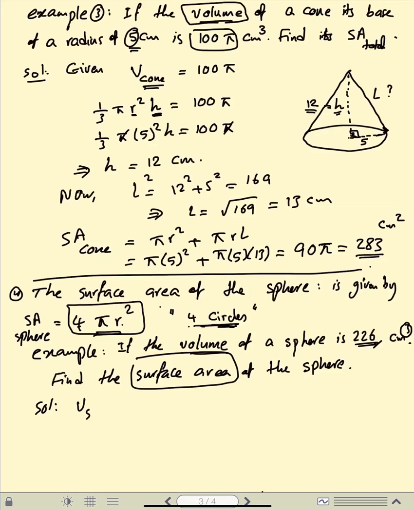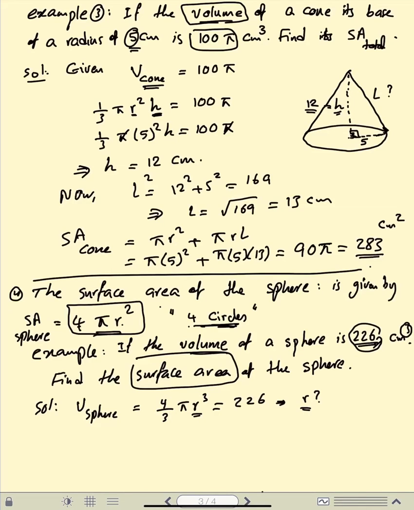So we write the volume of the sphere, which is 4 over 3 pi r cubed, equal to 226. Now what do you have to find? R, my dear students. I find r, then I find the surface area of the sphere. So we use the given volume to find r. How do you find r? We solve this for r.